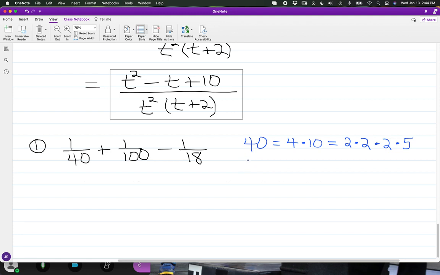Now, in the case of 100, you can say we have 10 times 10. And for each of the 10s, again, we have 2 times 5, times 2 times 5.